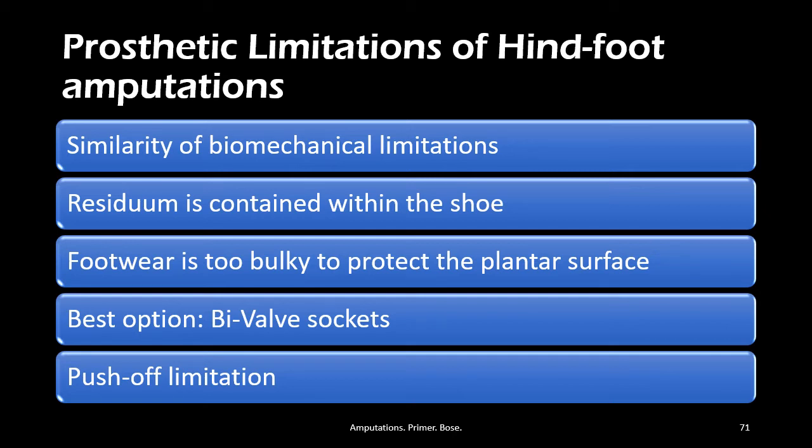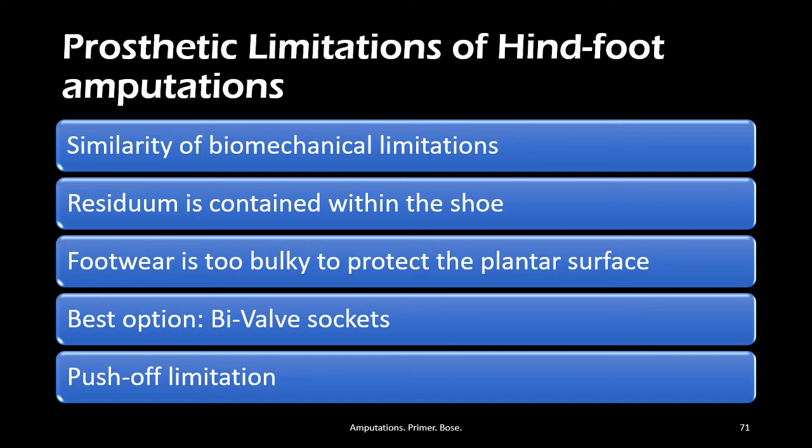All hindfoot and midfoot amputees experience the same prosthetic limitations as Syme's, while the residuum contained within the shoe, standard footwear cannot be possible because the stump end is literally a peg. Only specialized prosthetics, which are large and bulky to effectively protect the very small plantar surface, can be used. These obviously cost significantly higher.